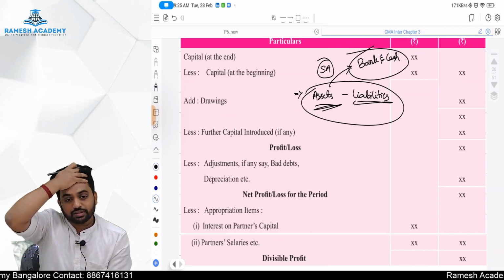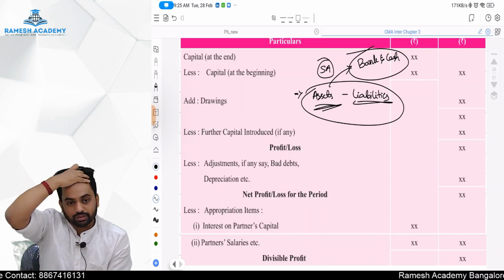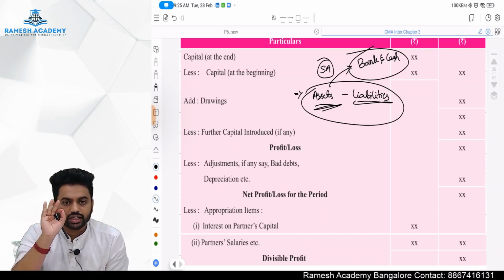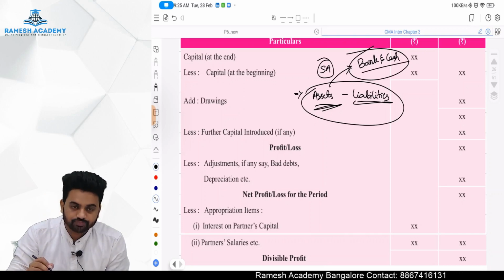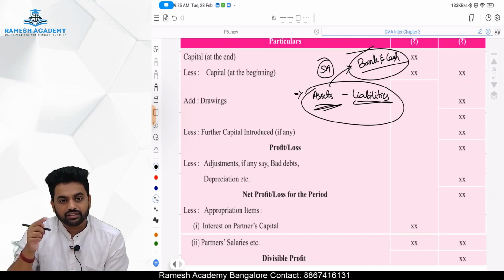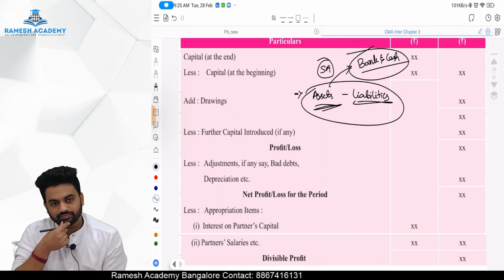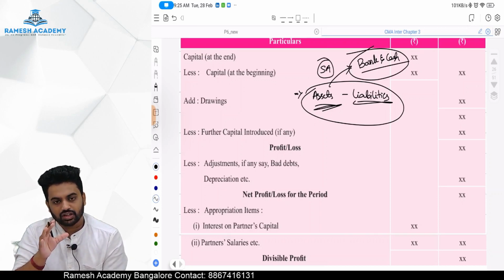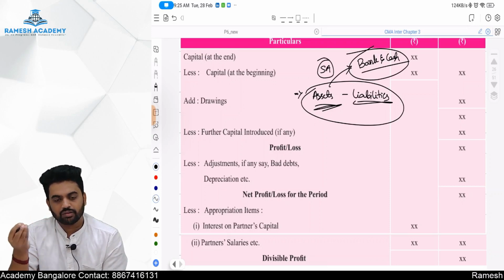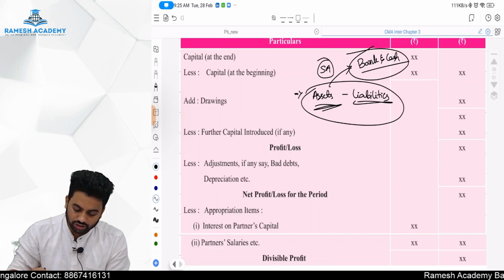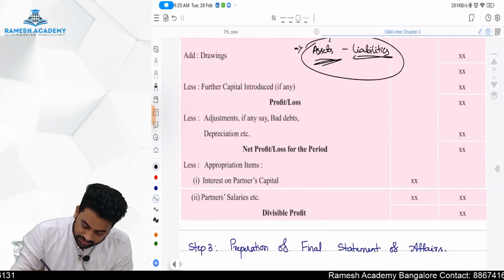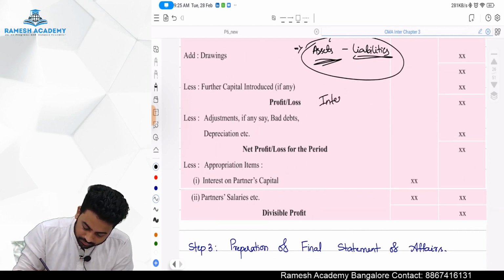So always remember one thing, if anything got adjusted to the bank and cash, then it is already adjusted. If any expenses or incomes are already adjusted to the bank and cash, I mean which should get affected to the bank and cash. For example, let us assume there is something called interest on partners capital.